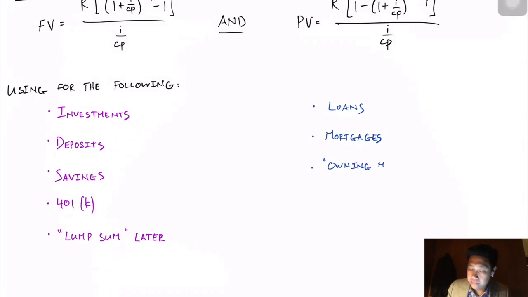And then in terms of lump sum, the lump sum comes now instead of later. So now is the major difference between the future value, which becomes a later, which I suppose I should underline as well.